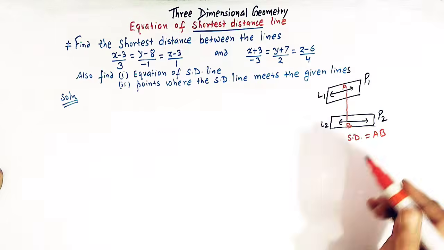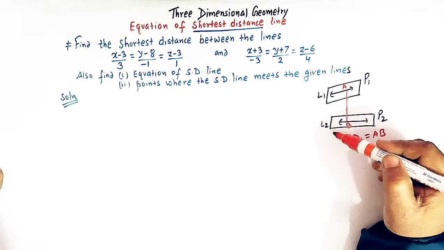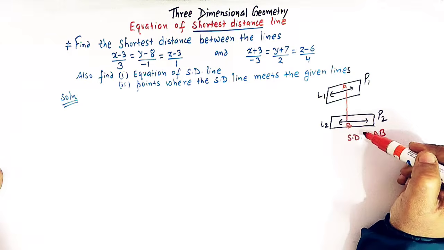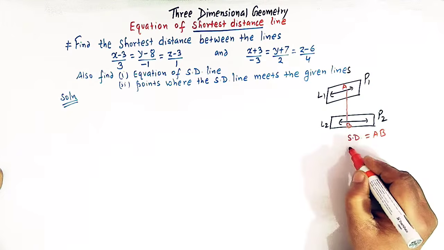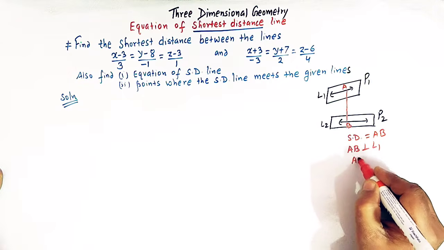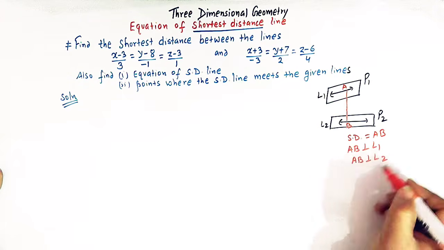Always remember, the lines L1 and L2 lie in different planes, they are non-coplanar, and AB is perpendicular to both the lines L1 and L2.